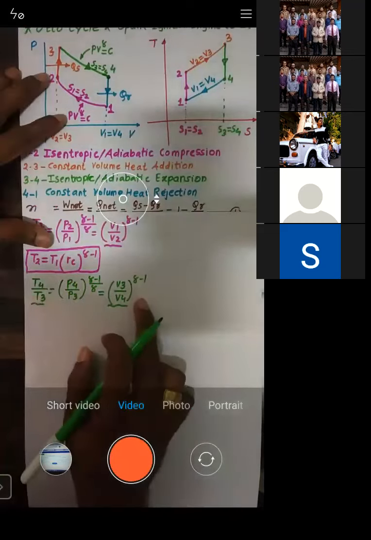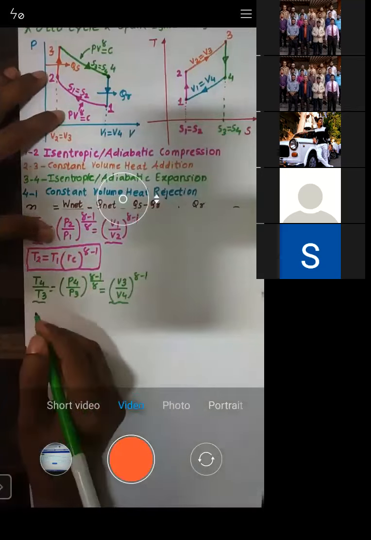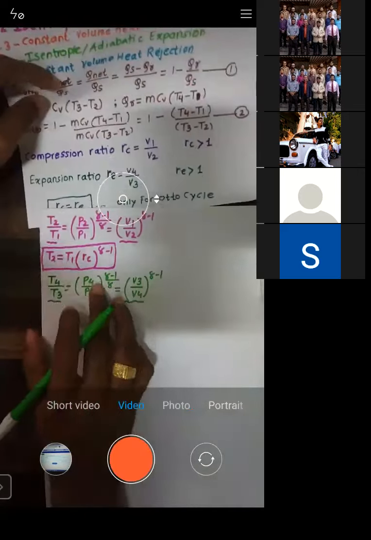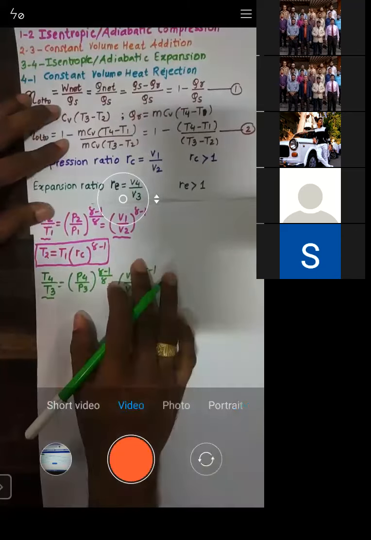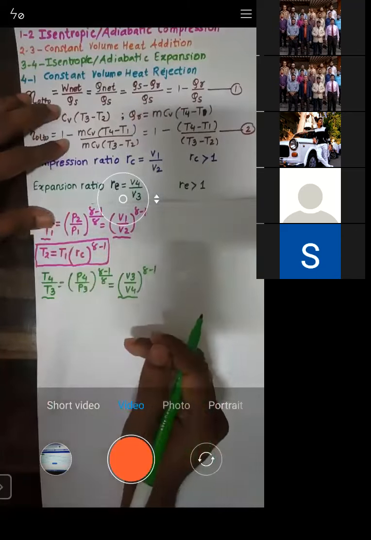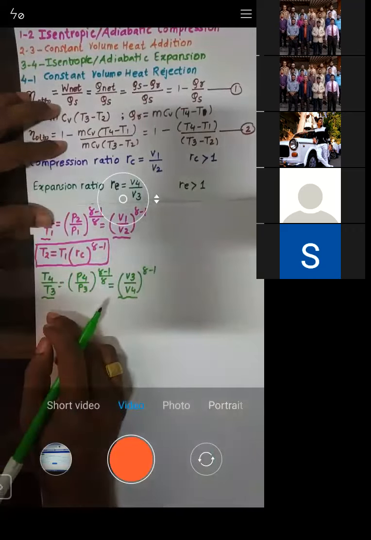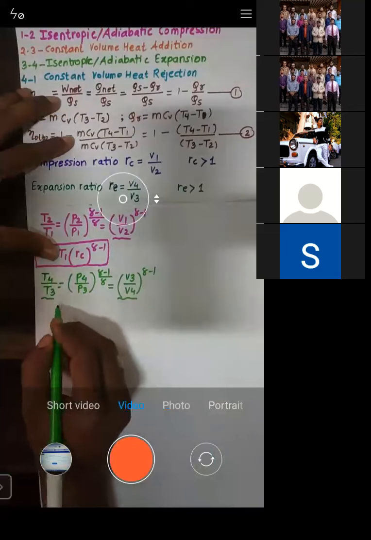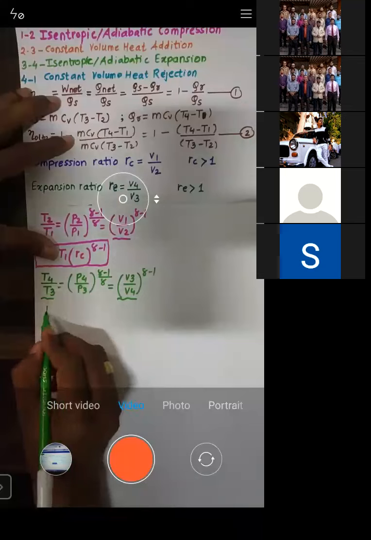Now let us calculate the value of T4 by T3.